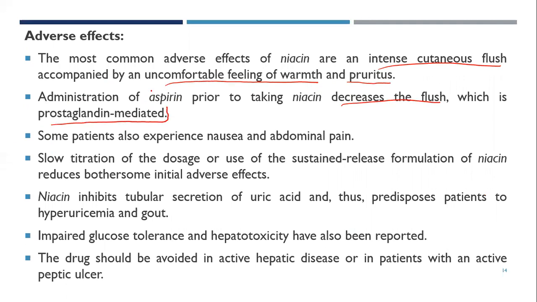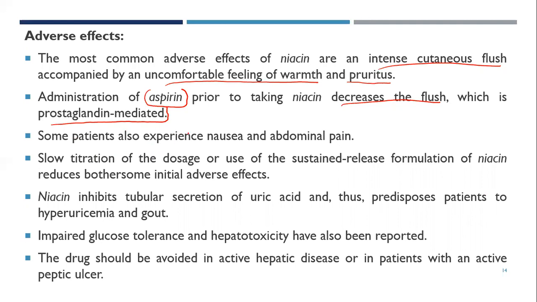As we know, aspirin is a COX inhibitor, and by inhibiting the enzyme COX, that is cyclooxygenase, it reduces production of prostaglandins. Niacin causes flush due to production of prostaglandins. Thereby, by giving aspirin, we inhibit this prostaglandin production, and thereby the flush associated with it.